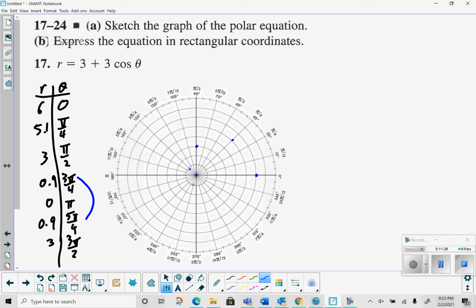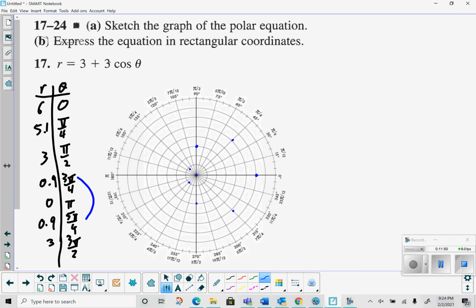And back to my origin, and that's where things start repeating. For 5 pi over 4, not quite 1. 3 pi over 2, come forward 3 spaces. 7 pi over 4 was 1, 2, 3, 4, 5.1. And then back to 6.